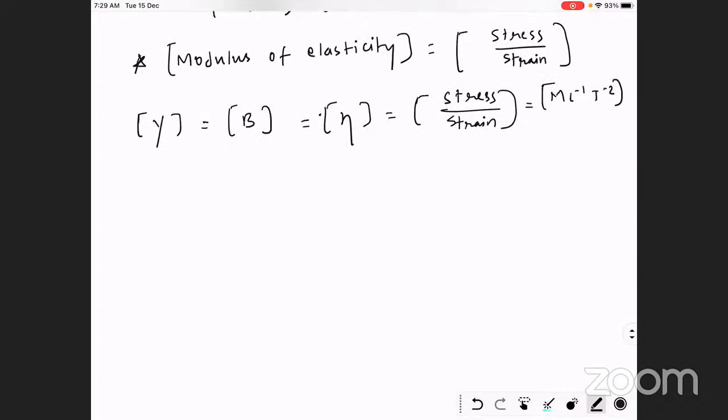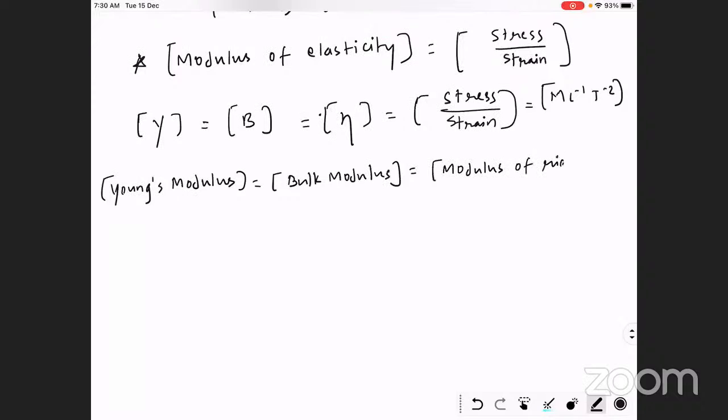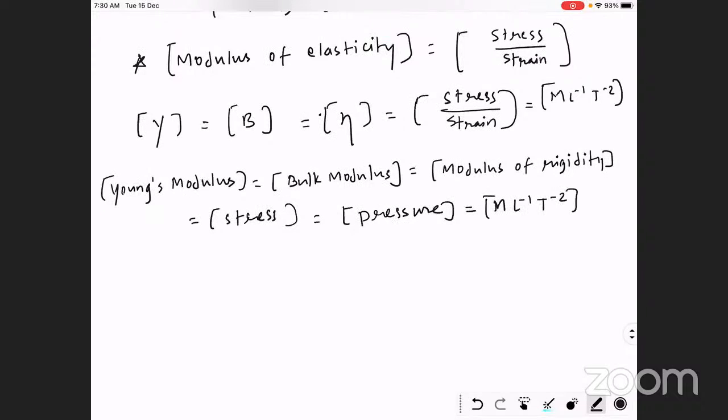So now we can say that Young's modulus, bulk modulus, and eta, the modulus of rigidity, stress, and pressure all have the same dimensional formula.